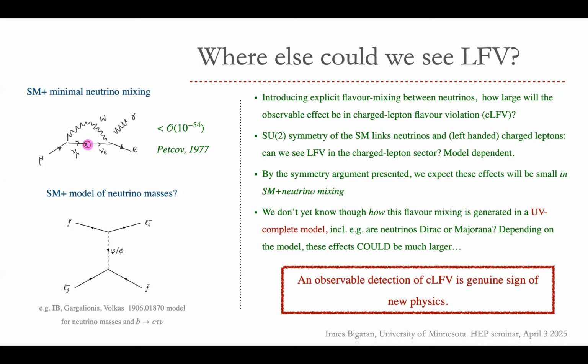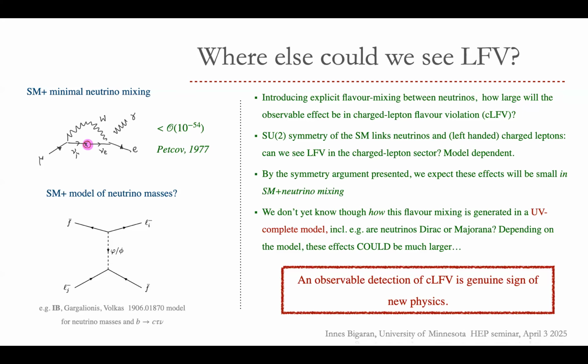If we do the calculation and predict the branching ratio for the process mu to e gamma, so the muon transforming into an electron and emitting a photon, the prediction, if we just put neutrino masses and mixing in, is that the branching ratio is extremely small. Therefore, if we were to go out and look for charged lepton flavor violation, and we were to observe it at a rate that is above this number, then that's an indication of lepton flavor being violated at a scale that is not just that required for neutrino masses and mixing.